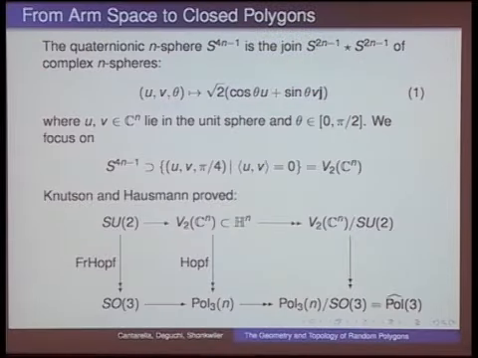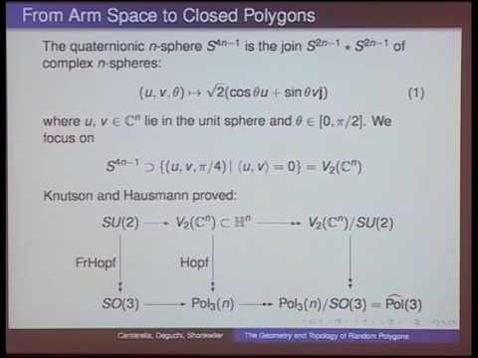Okay, so now what about closed polygons, right? Well, here's a new set of coordinates. If I have the sphere in 4n space, I can write it as the join of spheres in 2n space. So specifically, that construction is take a vector in one unit sphere, a vector in the other unit sphere, and combine them with cosine and sine, right, to get a vector in the larger 4n dimensional space.